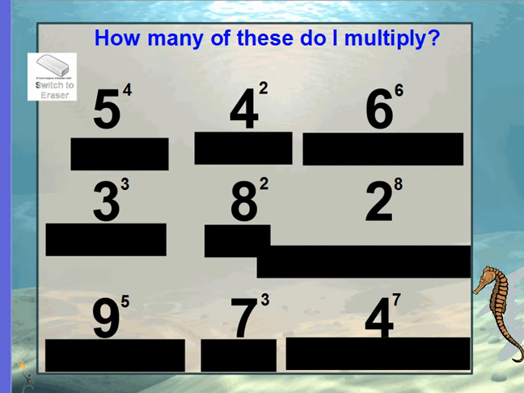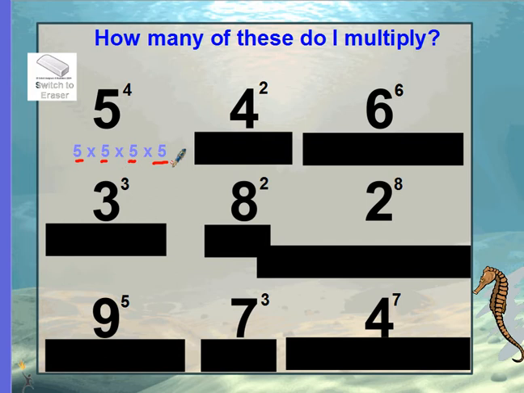Here are some other problems. We have 5 here to the power of 4. So what that means is 5 times itself 4 times. So we can see here 1, 2, 3, 4.